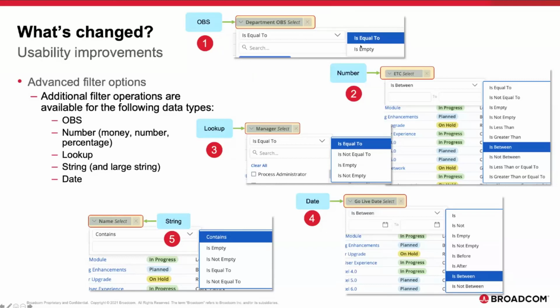When you select OBS, it's is equal to or empty. Lookup, you've got equal to or empty. When you pick a number, you've got a great number of additional operators that you can choose from, likewise for string, and then date. So a major improvement, a big ask from our customers.